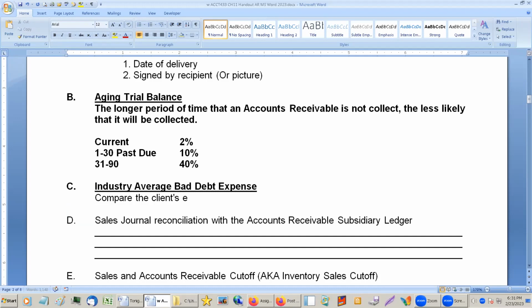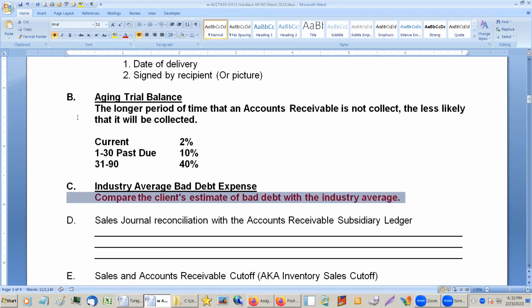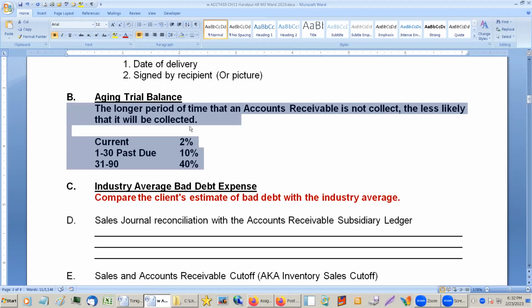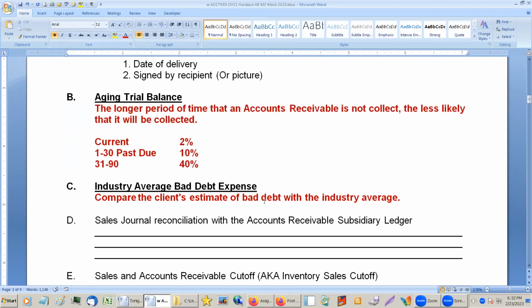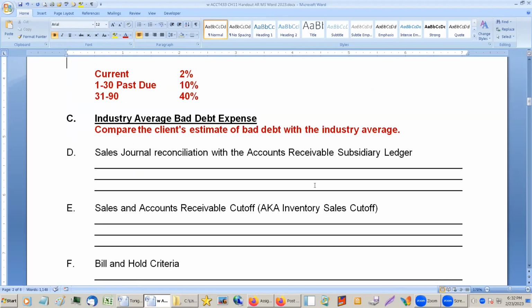Compare the client's estimate with the industry average. There are places that publish the industry average that you can actually look up and see what it is for different industries.